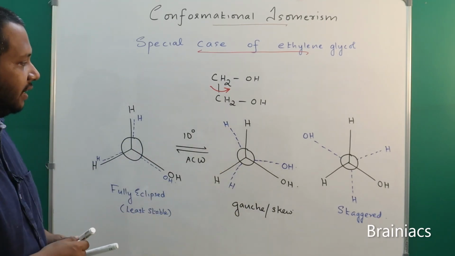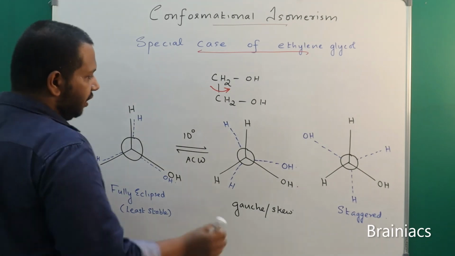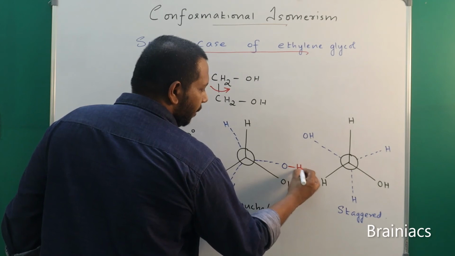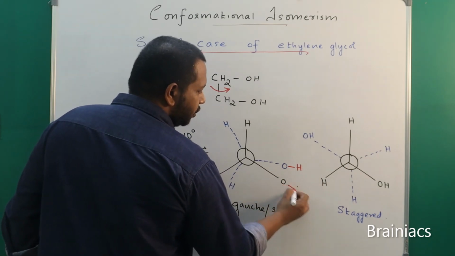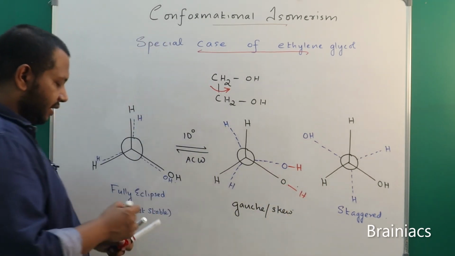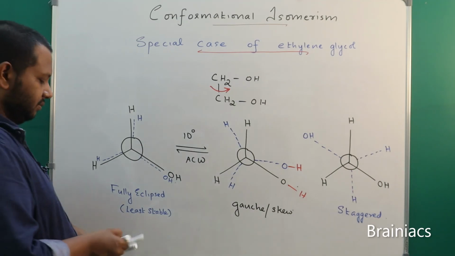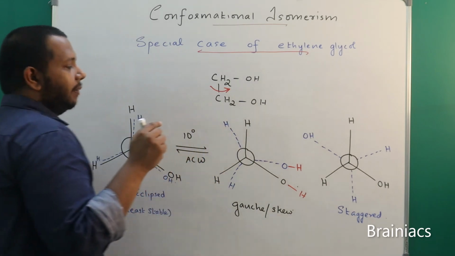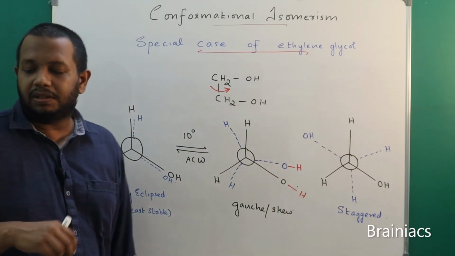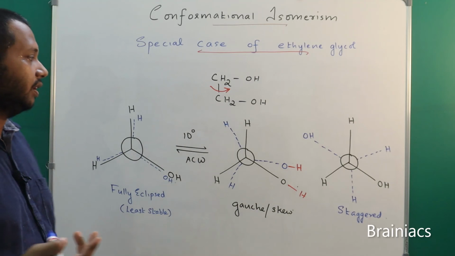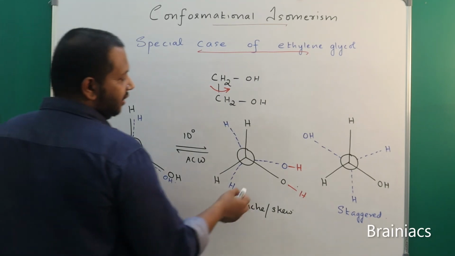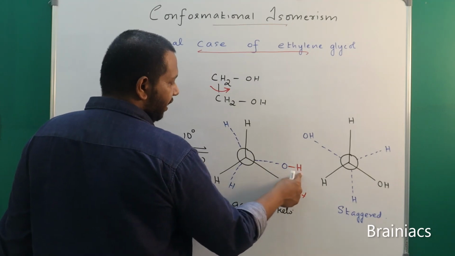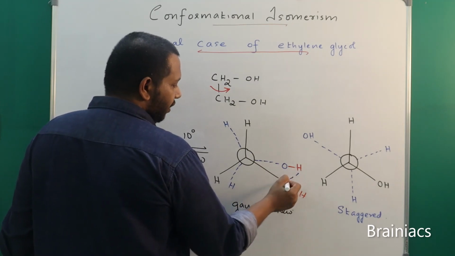The reason for that is, if you see this one, you have two OH groups somewhere nearby. So what is going to happen because of these two OH groups? Whenever there is an electronegative element, hydrogen, then comes an electronegative element, there is the possibility of hydrogen bonding, right?